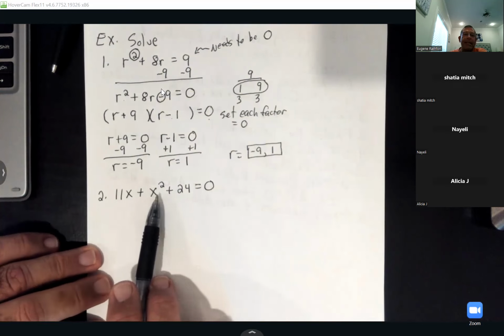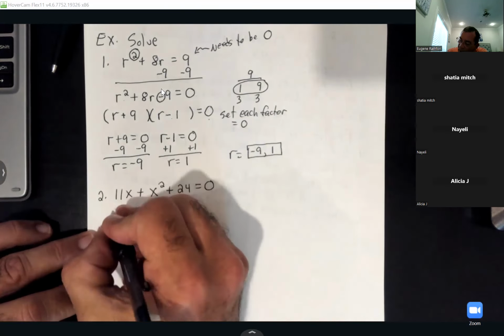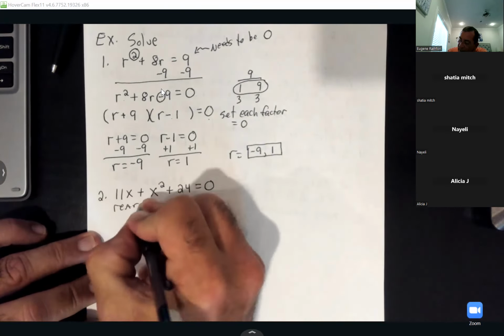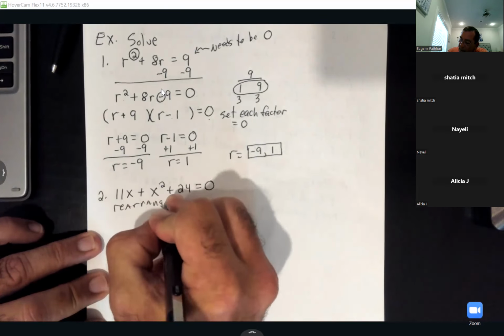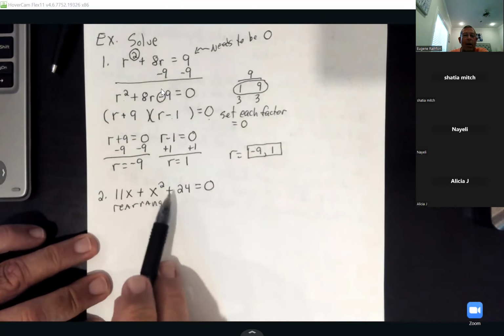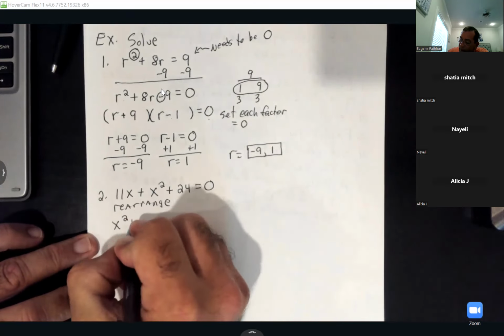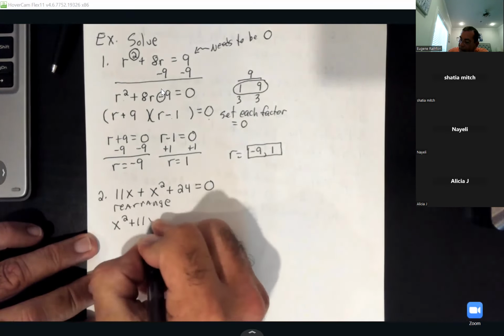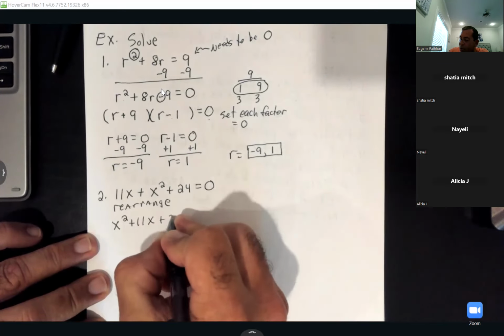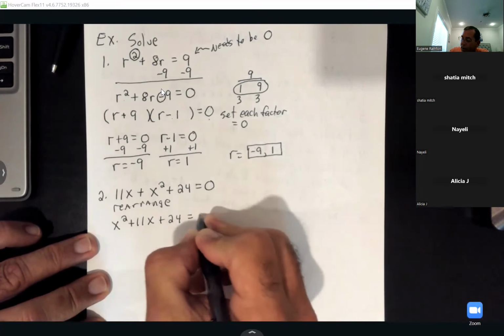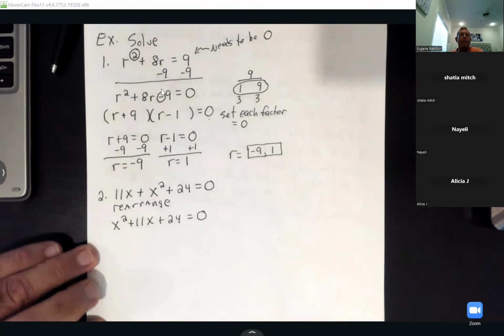So remember, I need this in descending order, so I'm going to rearrange this. I need my x squared up in the front, then my 11x, then my 24, all equal to my 0.